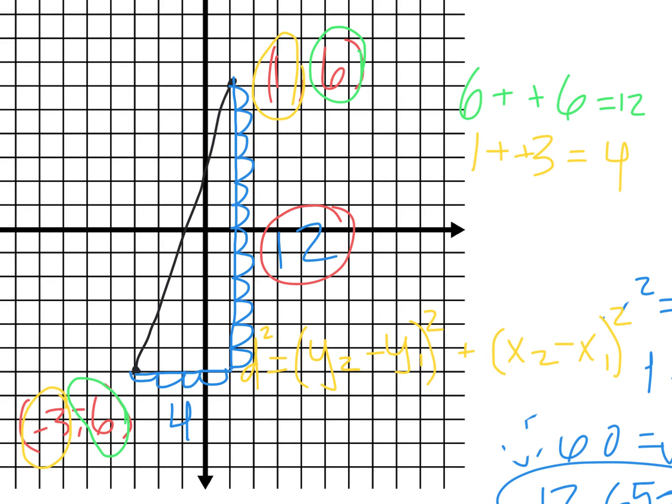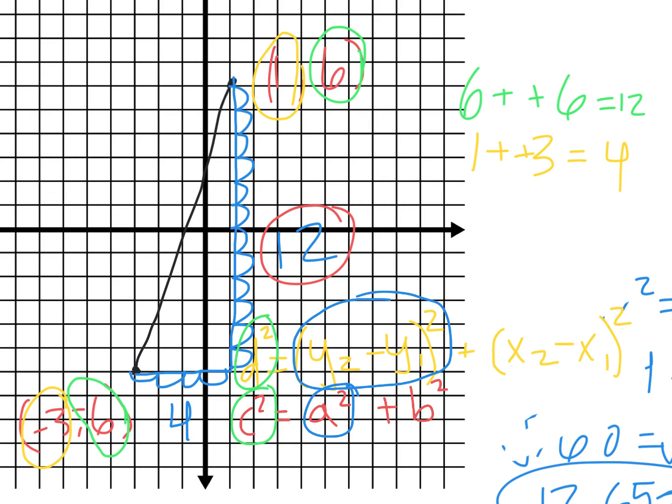So if I were to write the Pythagorean theorem underneath this, I'll do it in red. This is like c squared is equal to a squared plus b squared. C squared is our distance squared. Our vertical distance squared, y2 minus y1 squared, is our a squared.